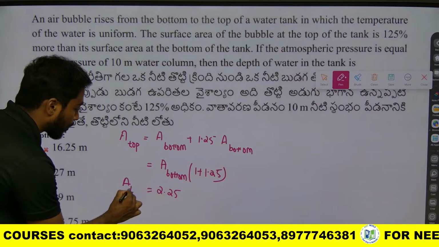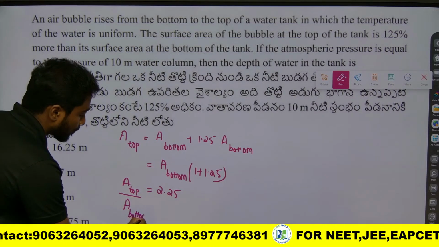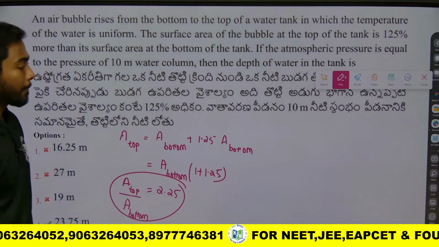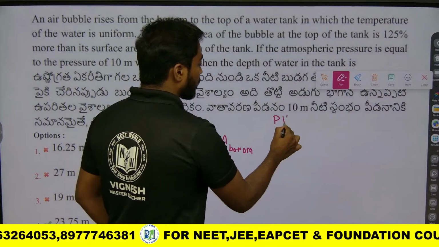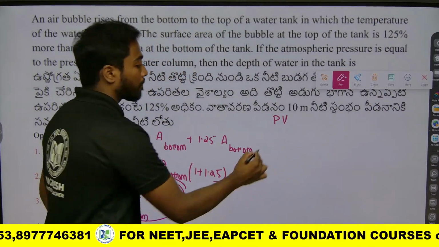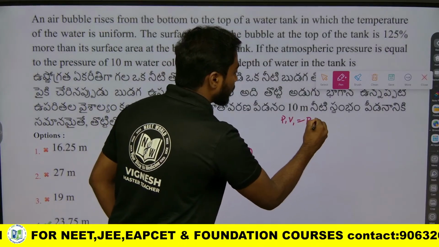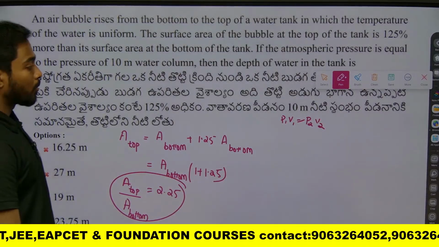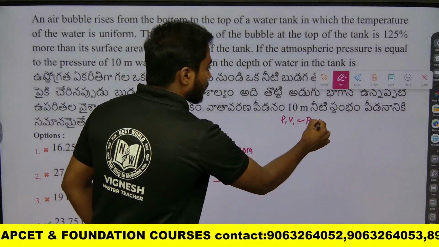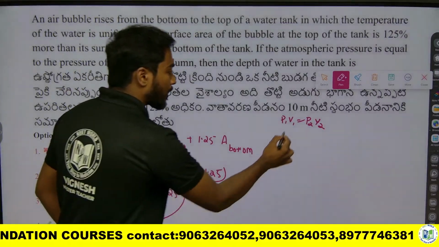So A top by A bottom, this is the ratio. This one I will keep as it is. Now we can use the concept P1 V1 equals P2 V2, pressure at bottom and top, and volume. So next, I need to find the volume.